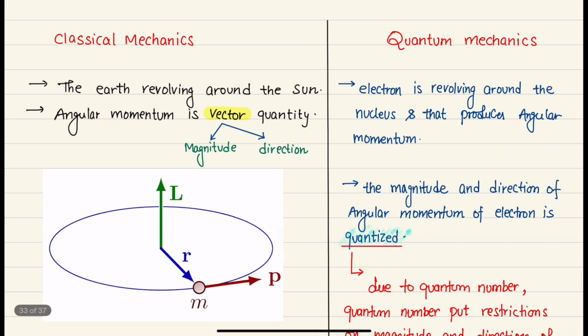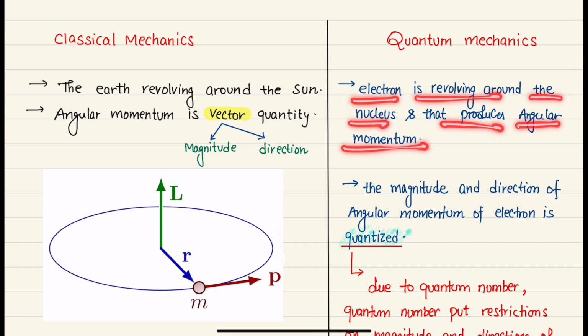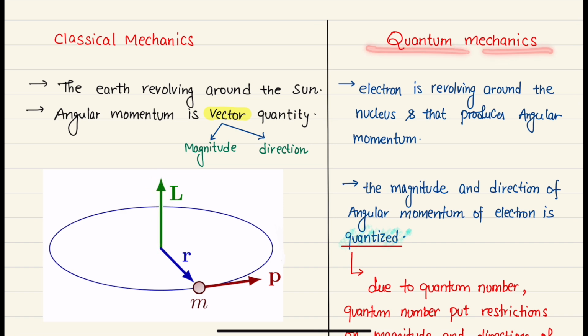In quantum mechanics, suppose we have an electron. The electron is revolving around the nucleus and that produces angular momentum, similar to Earth revolving around the sun. In quantum mechanics, the electron revolving around the nucleus produces angular momentum, and that is called orbital angular momentum.